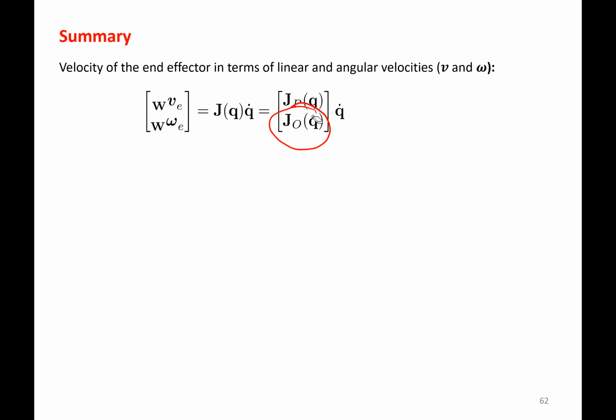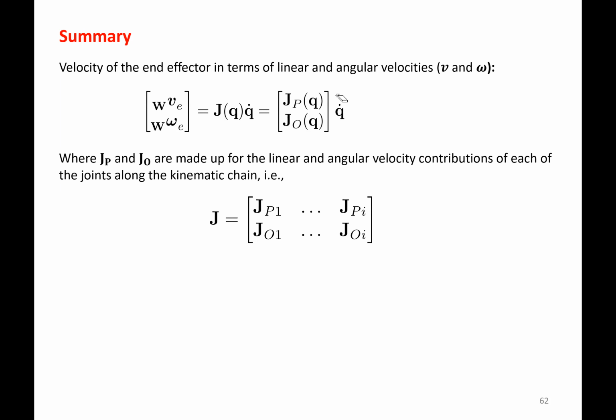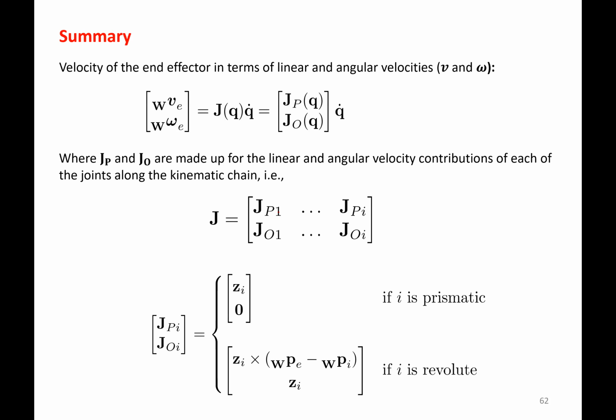JPI is a three-dimensional vector, JOI is another three-dimensional vector, and each of the columns of the Jacobian is a six-dimensional vector. And this is the expression that we use to compute the columns of the geometric Jacobian if the joint is prismatic or if the joint is revolute.